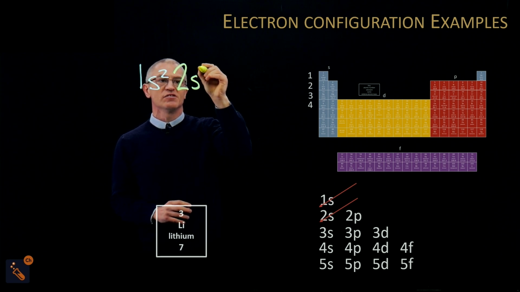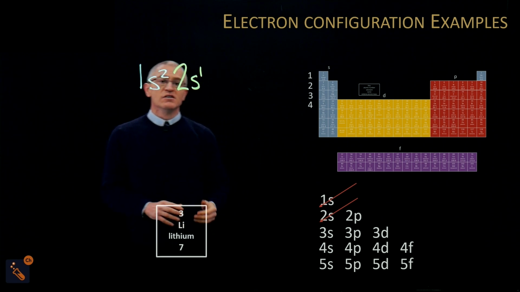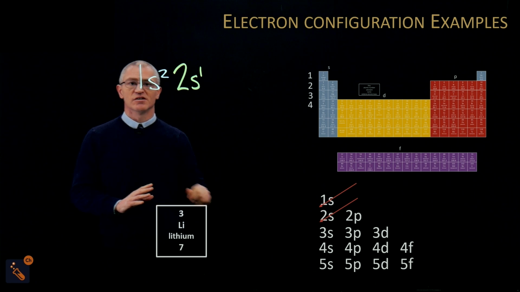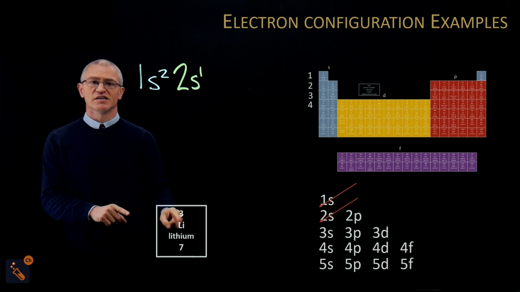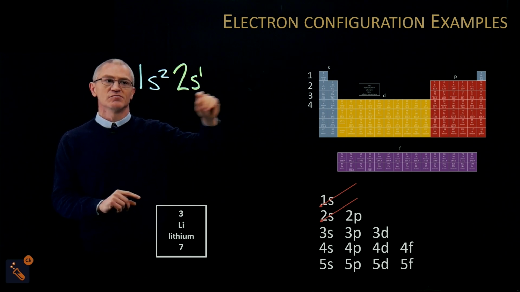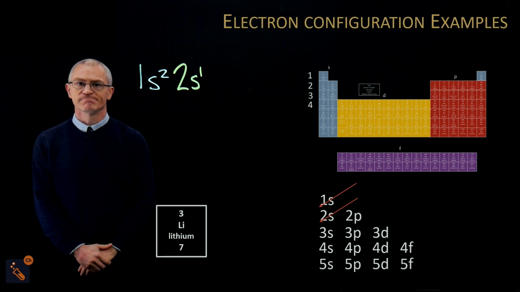It's only 1 electron I'm adding, so that would be 2s1. Okay, so if you look at those, we're filling in the order of the diagram. There's 3 electrons. We're counting the boxes, counting the number of electrons across, just going across the periodic table. 2 plus 1 is 3, and that's the electron configuration of lithium.